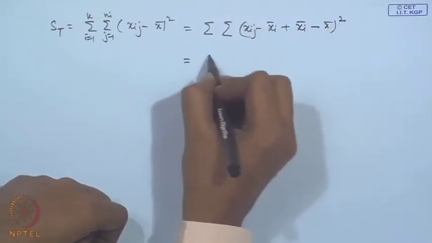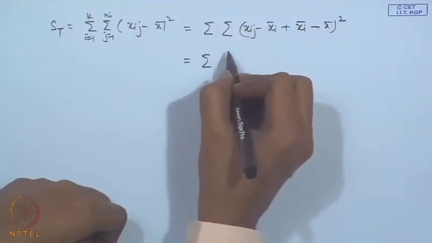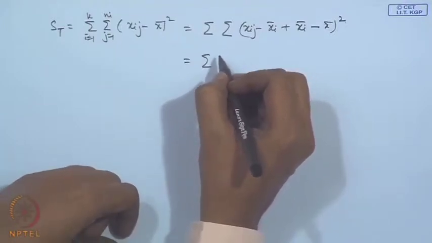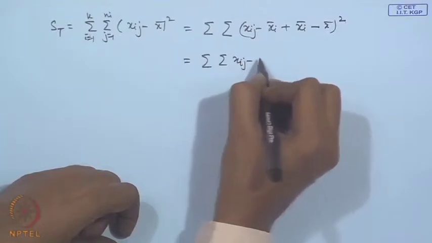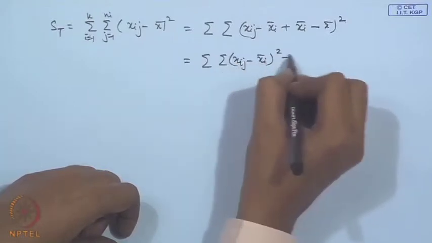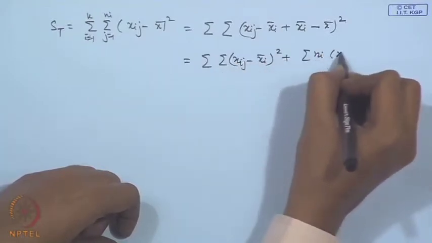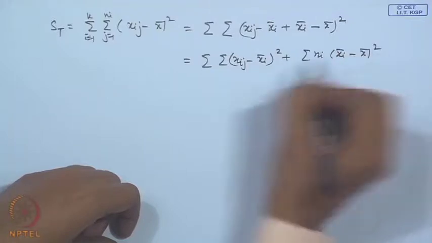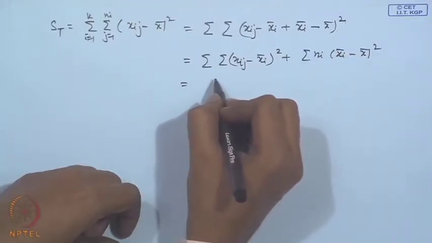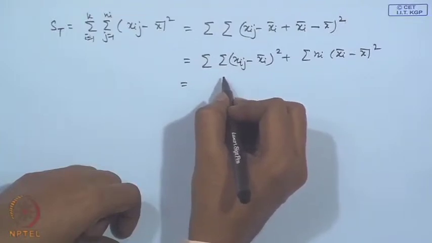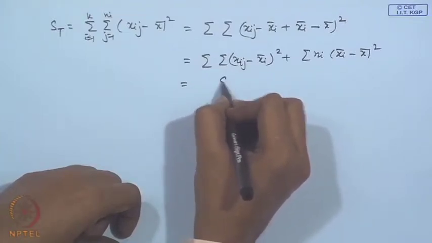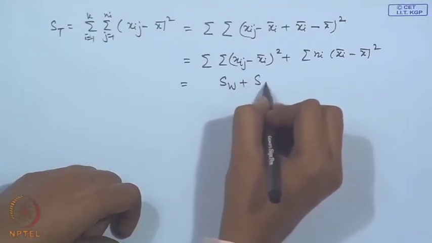So, this becomes sum of (x_ij minus x_i bar) square plus sum of n_i (x_i bar minus x bar) square. So, this is equal to S_W plus S_B.